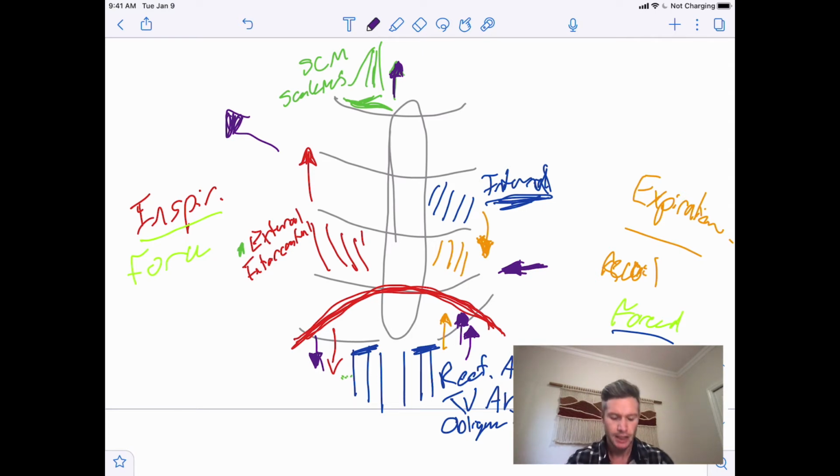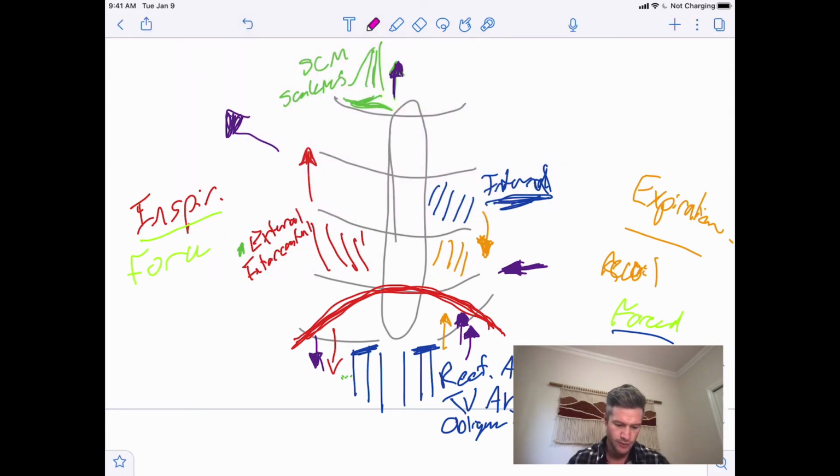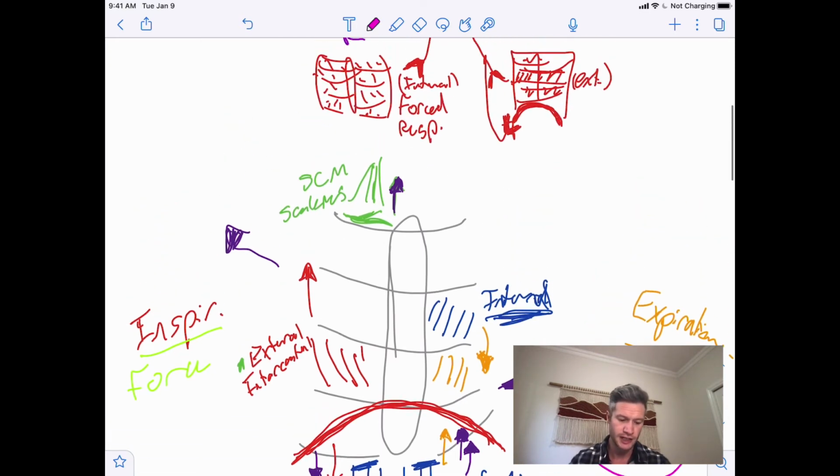Okay, so that's a little bit of the musculature that's involved in quiet and forced inhalation and exhalation. Okay, so main things that you'll want to remember is to do with forced exhale, because it's kind of the new different one on top of passive, and that's one of the spirometry tests.